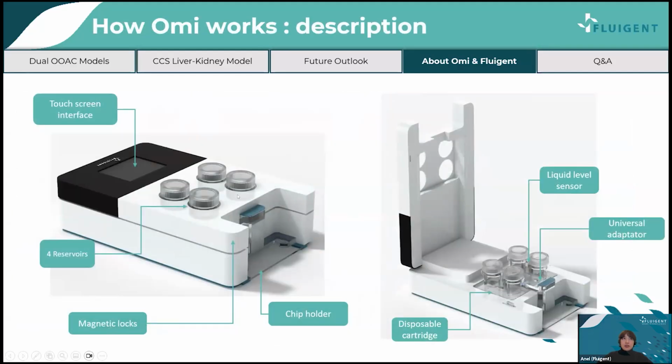The Omi itself consists of a touch screen that can be controlled manually or in a remote mode. It has 4 reservoirs with liquid level sensors that allow running 4 distinct flow configurations. And here is the chip holder that can be used to place the glass-slide-sized chip.